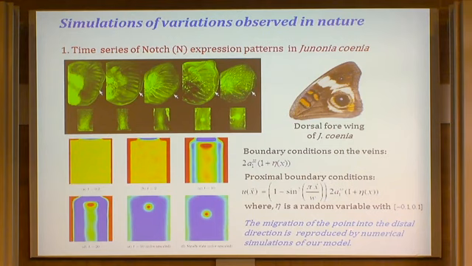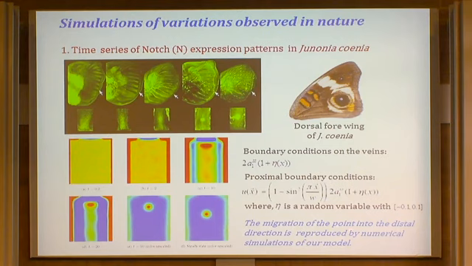The next one, the second one: abnormal pattern resulting from incomplete vein development. This picture is from my colleague in Japan, who kindly allowed me to show it on this occasion. It is not so easy to find. Here is the sketch of this picture.